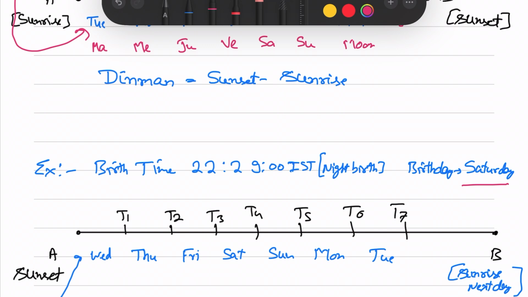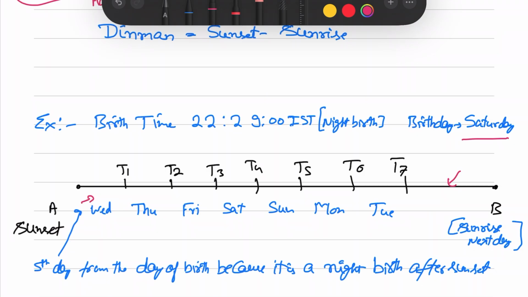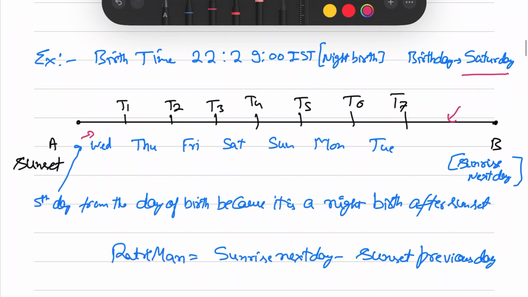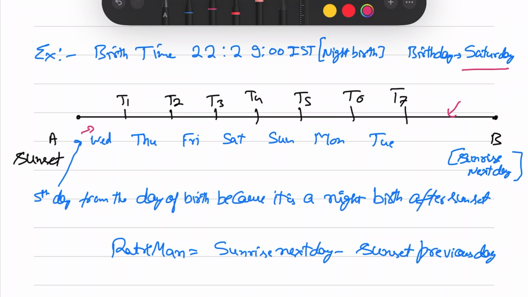So we allot the first part to Wednesday, then Thursday, Friday, Saturday, Sunday, Monday, Tuesday, and the eighth block remains unallotted to any lord. I mention the fifth day from the day of birth because it is a birth after sunset, and it is known as Ratrimaan. The entire duration is sunrise next day minus sunset of the previous day. Hope this is clear to you.